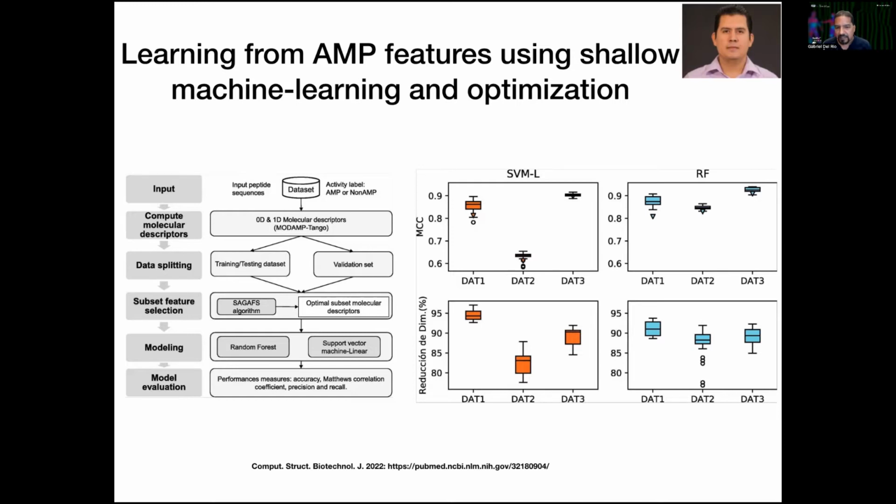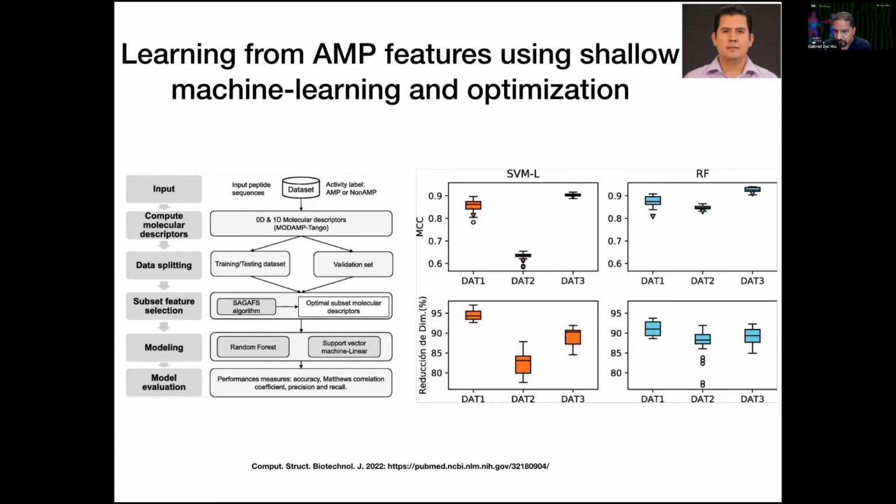So basically, he achieved, in the best case scenario, that is in the random forest, close to 94%, or 95% in the case of the support vector machine, for one particular data set.